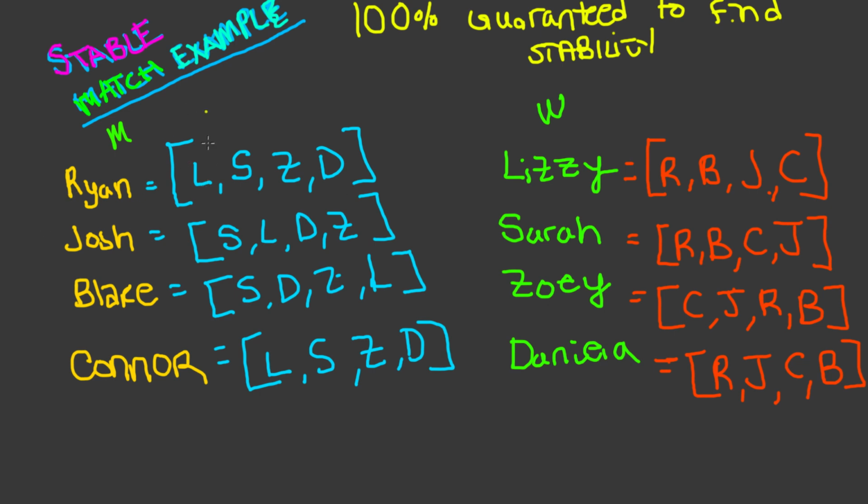So in this case, you start from the most liked, and you go to the least liked. This is the people that he likes the most, and this is the people that he likes the least. So we're going to start with Ryan. We go over to Lizzie, and her top pick is actually Ryan. Lizzie hasn't been asked to go to the dance yet, so she tentatively engages.